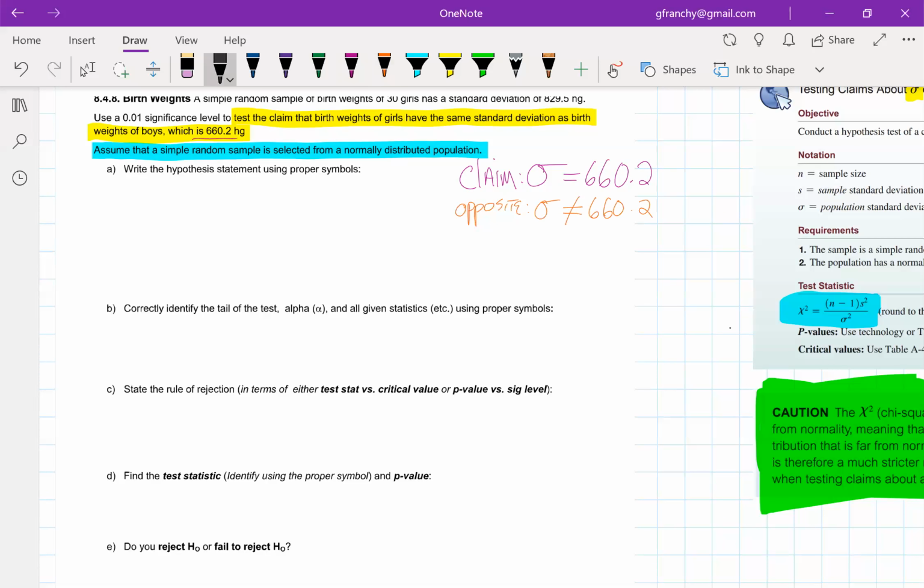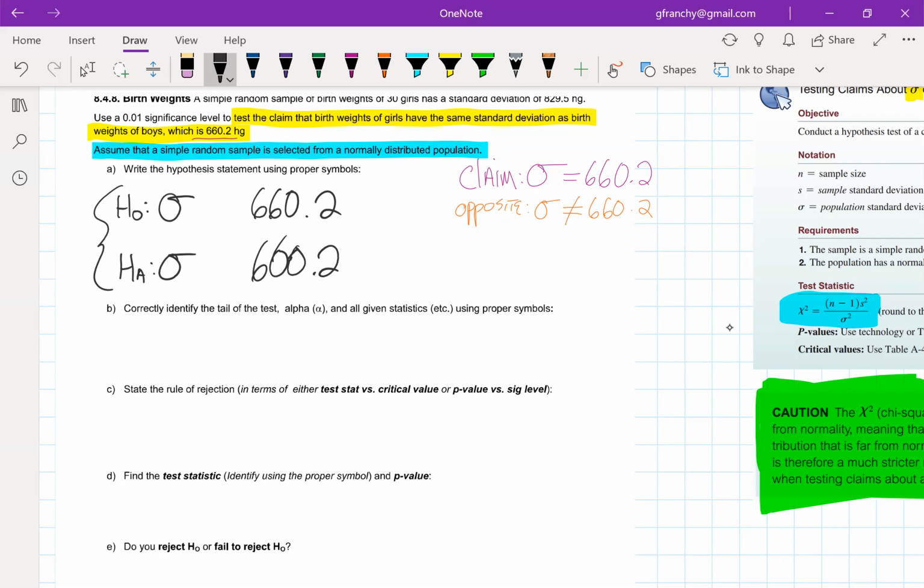So we can write our null hypothesis and our alternate hypothesis. It's standard deviation in the claim, standard deviation in the hypothesis statement, 660.2 in the claim, 660.2 in the hypothesis statement, and in between them in the null is equals, because it's always equal in the null, and then the strict inequality goes in the alternate.